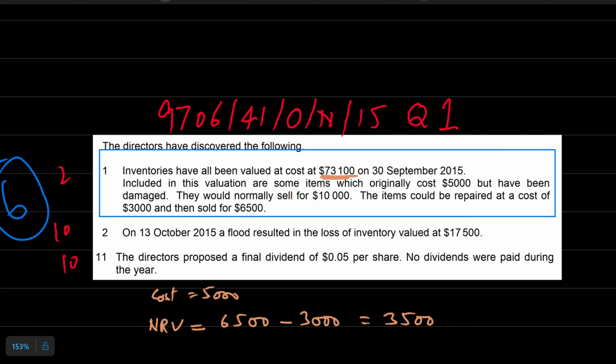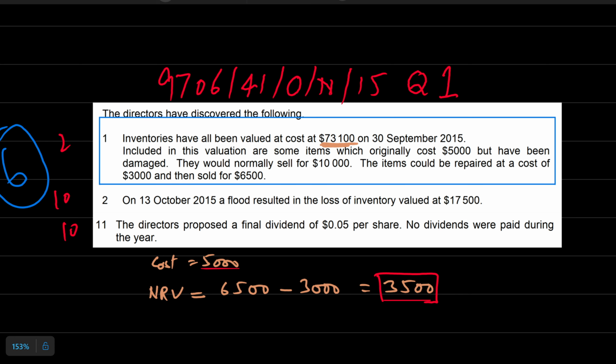So students, in this case, cost is 5,000, net realizable value is 3,500. So inventory will be valued at 3,500. That means value of inventory should be decreased by 1,500.